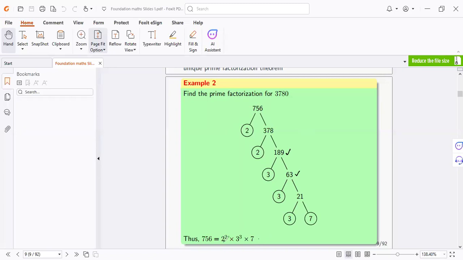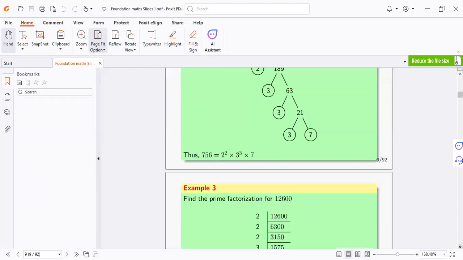I had 2 twice, 3 three times, and 7 once. So I factored this as a product of prime numbers. That is what the fundamental theorem says: if a number is not prime, then it can be written as a product of prime numbers.